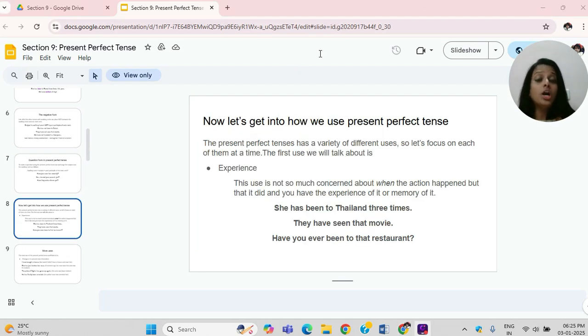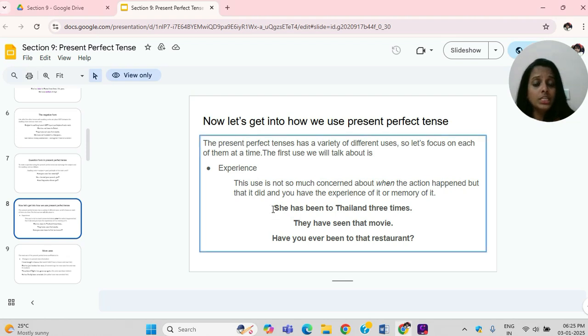Now let's get into how we use present perfect tense in a variety of ways. Let's focus on each of them one at a time. The first one is about experience. So this present perfect emphasizes that an action has been experienced without specifying when it occurred. Example, she has been to Thailand 3 times.